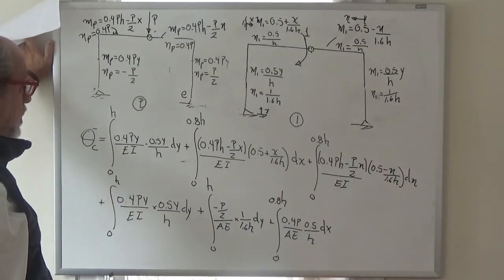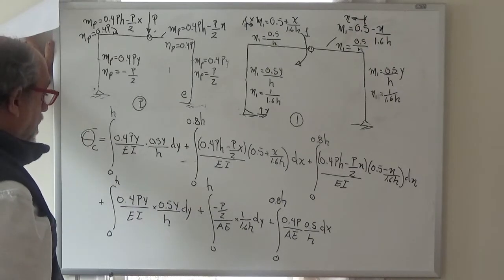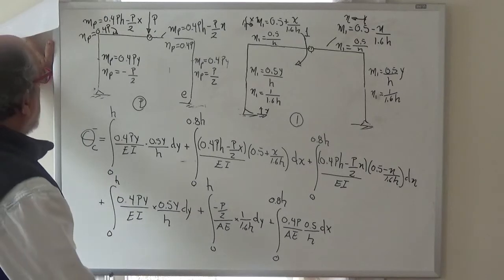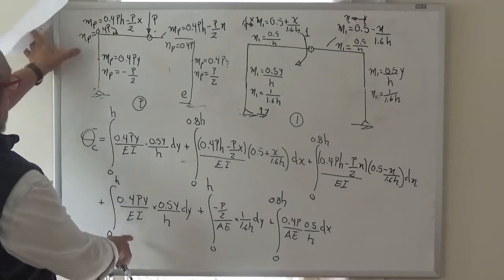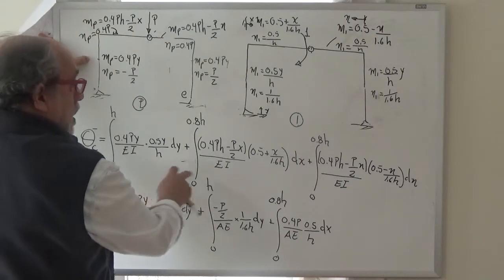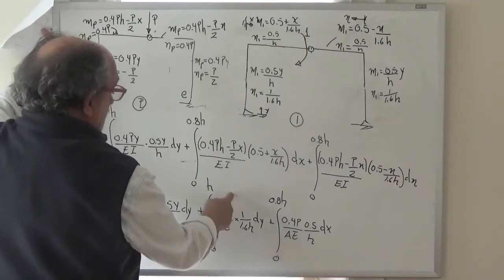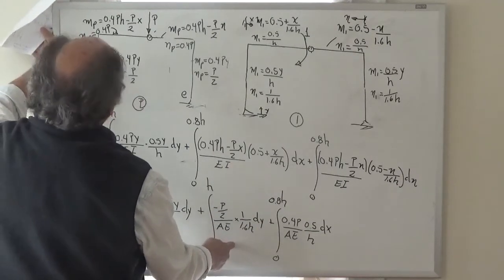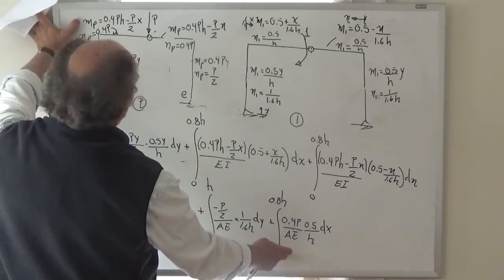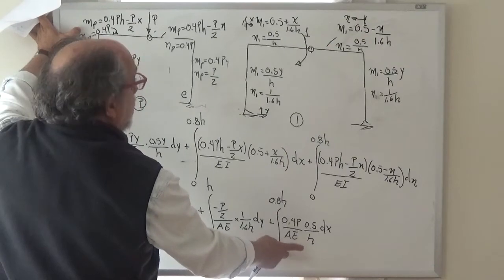That's that bar. Wait a minute, what did I do here? I think I made an error. No, wait a minute, 1, 2, 3, 4. No, I'm just doing this one now. So 0 to h, first one. Then 0 to 0.8h, 0.4 p over AE times 0. No, I didn't make a mistake.